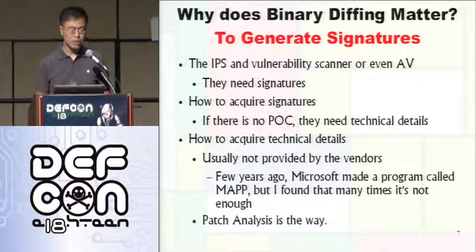If there is a POC, they can use it as a signature template. But if there is no POC, then where will they get the information? Only from vendors.